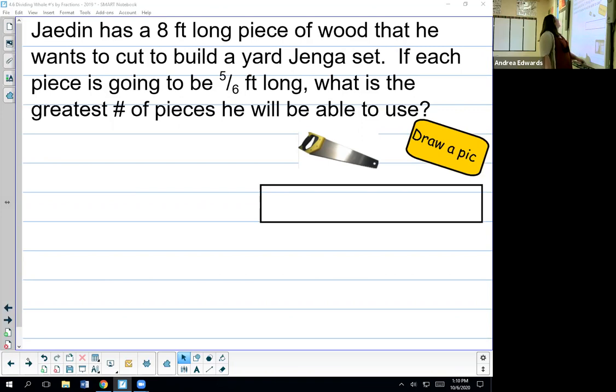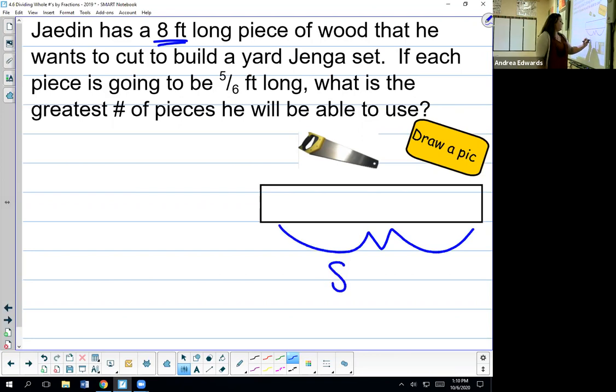Okay, back here. All right, so he has an 8-foot long piece of wood. So let's think of this as 8 feet. Sometimes drawing a picture will help. Okay, and he wants to cut it. Each piece is going to be 5/6 of a foot long. What is the greatest number of pieces that he's going to be able to use?